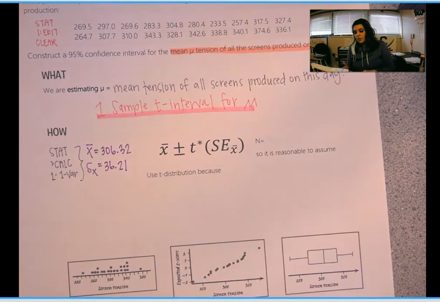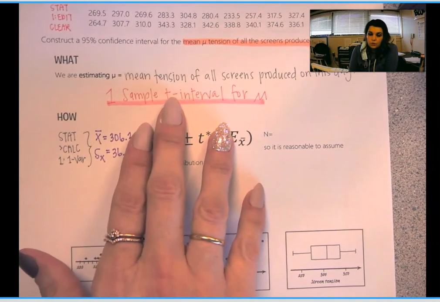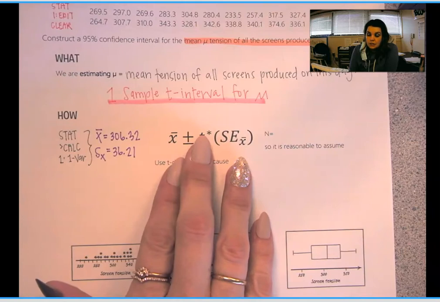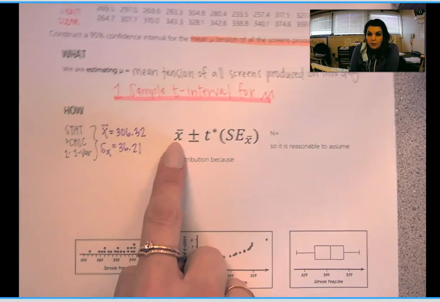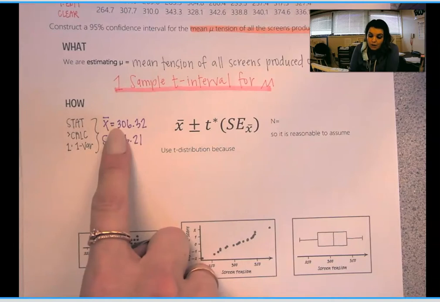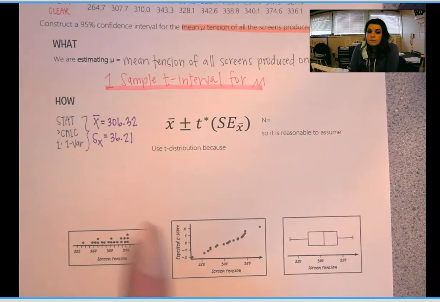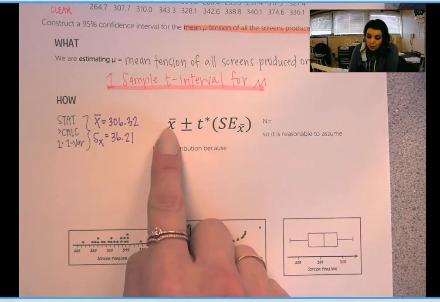And then I would just like to reiterate my thought process on this. So I listed the procedure that I was going to use, and then I use this formula as a reminder of the conditions that I need to check. When I saw this X bar, that reminded me I actually have to calculate the statistics that I want, and that is the X bar and the S sub X. This also is my reminder to make sure that this sample was random.